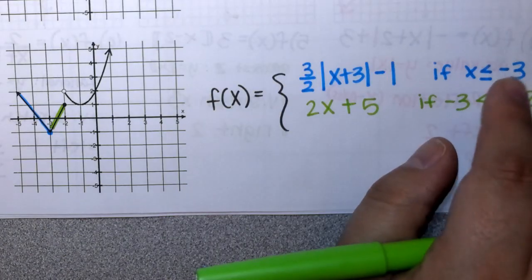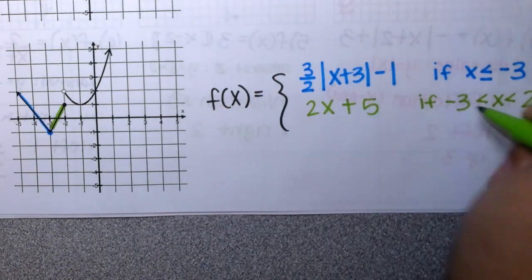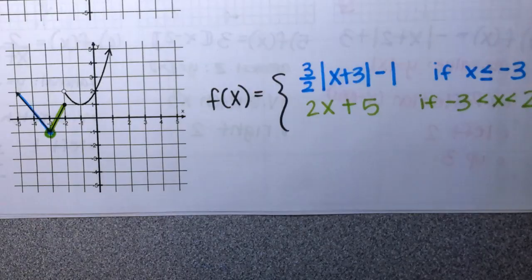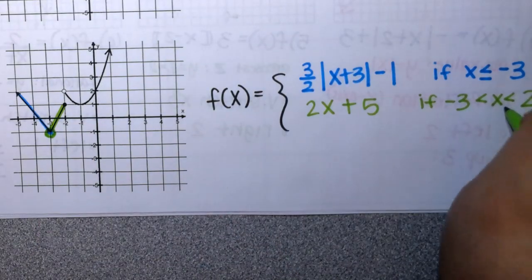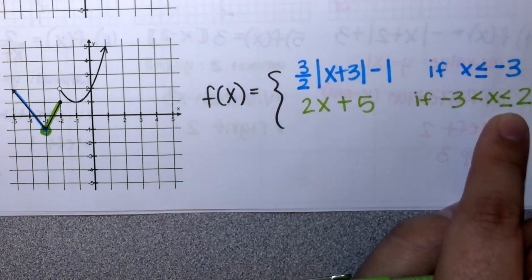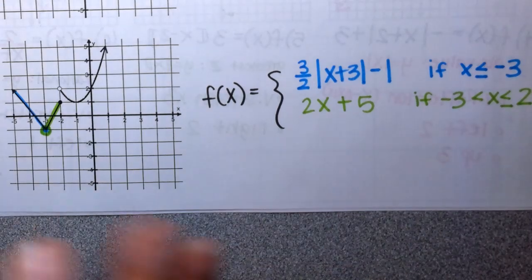Did I have to put a line on that one though? I could have left that open and closed this one. It's up to you. So I'm going to leave that one open and make that open. And then what about -2? That's a closed circle, so I'm putting a line under that. Does that make sense? So for your domain, only one of them for each number can have a line underneath.